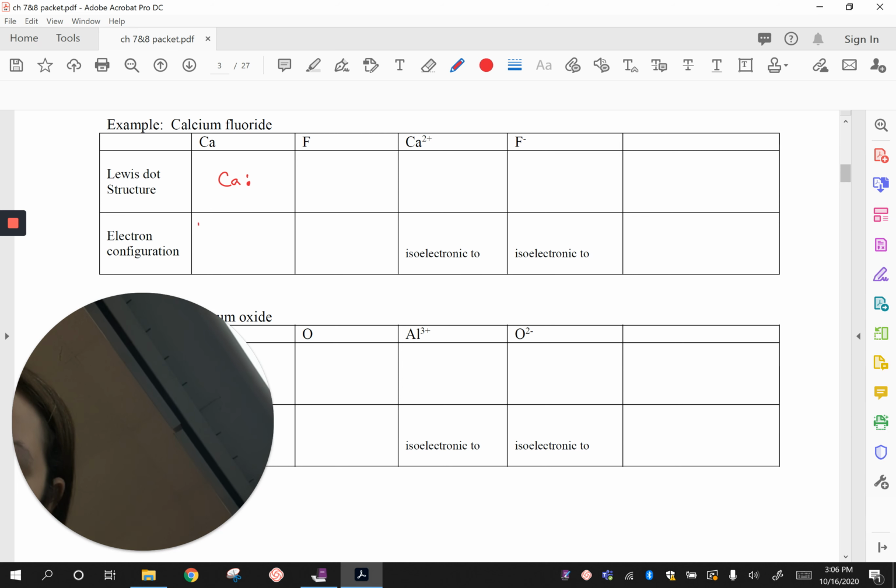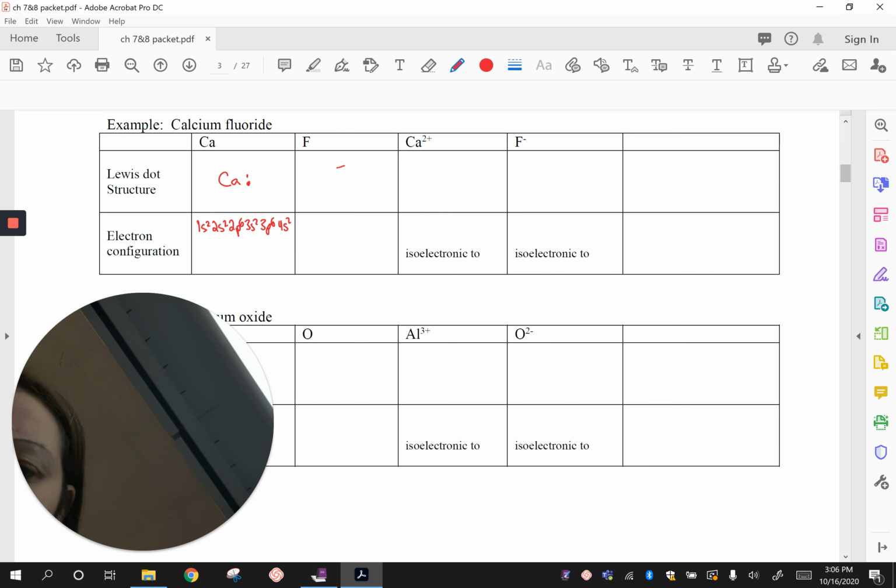Well, let's actually write it out. 1s2, 2s2, 2p6, 3s2, 3p6, 4s2. For fluorine, fluorine has 7 valence electrons. 6, 7. And its electron configuration is 1s2, 2s2, 2p5.